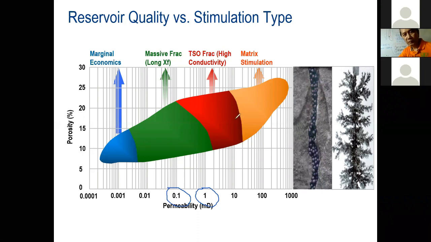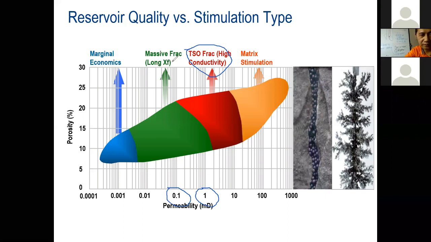If you are in the medium to high permeability, you still can do fracturing for the high permeability, which we call TSO, tip screen out. Then when you start entering the low permeability region, you start applying a massive frac. Massive frac is a long half length XF. Again, XF is the half length.